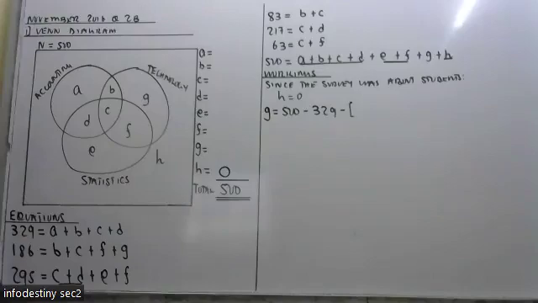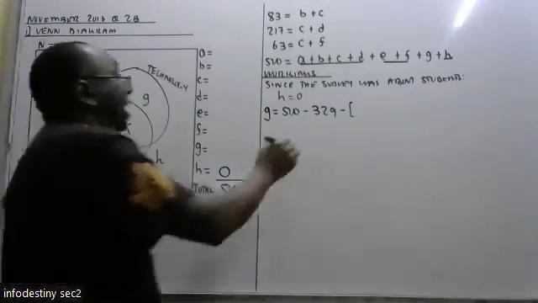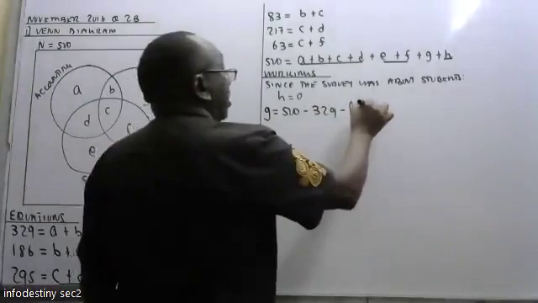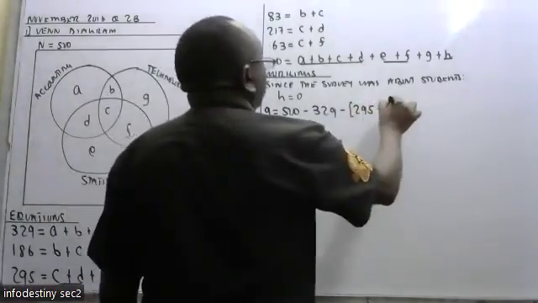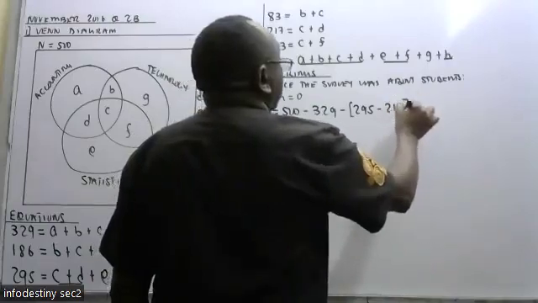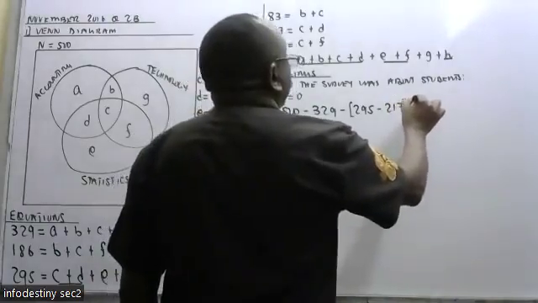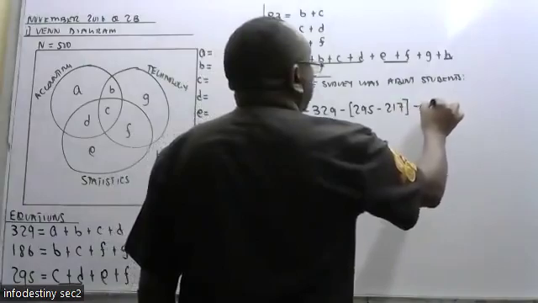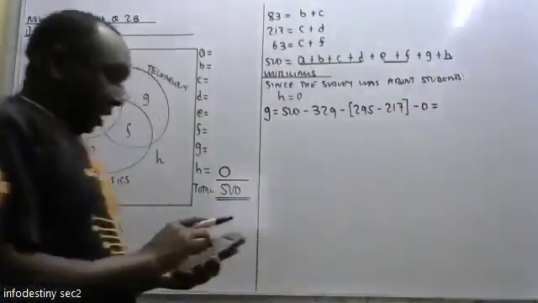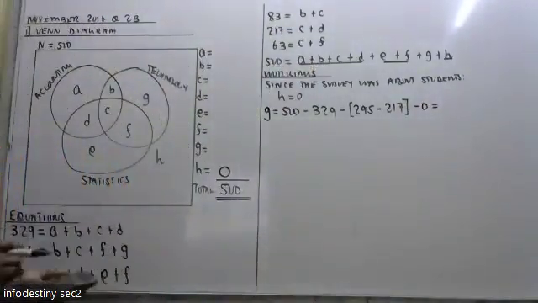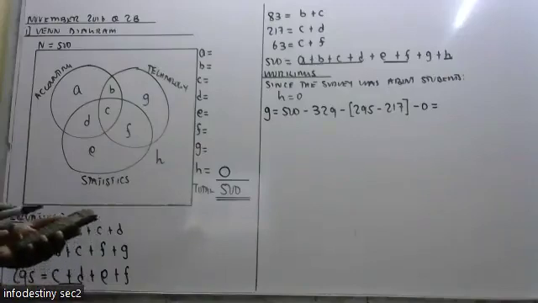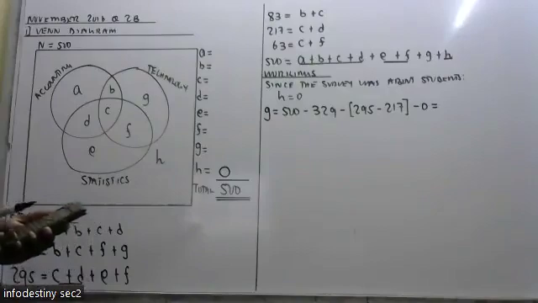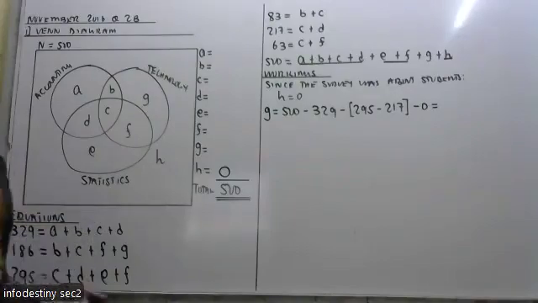EF is supposed to be 295 minus CD, which is 217. Then I minus H, which is 0. And if you consult your calculator, you will be able to find that G is 93.